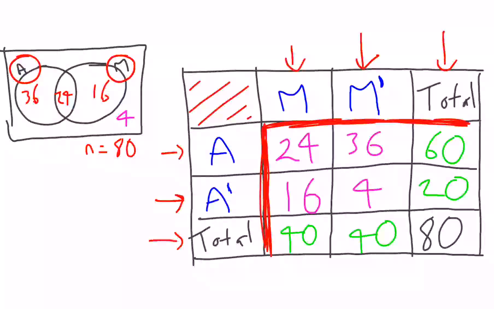If we need to do a probability table, we're going to have to divide each of these numbers by our total.